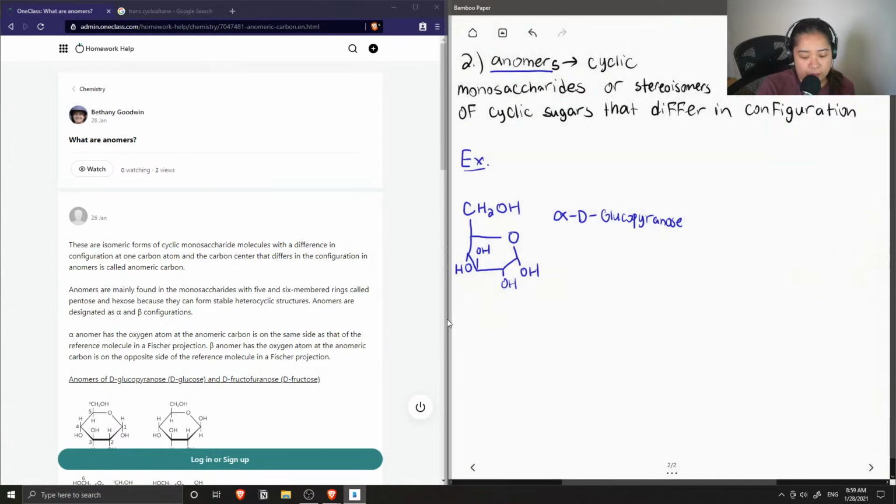And for anomers, we can also label the anomeric carbon as well, which is the carbon that is connected to the oxygen and another OH. So it's also known as carbon 1 if we were to label all the carbons in this cyclic sugar as 1, 2, 3, 4, 5, and 6.